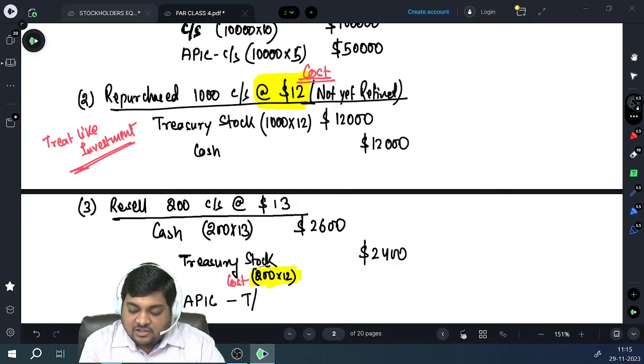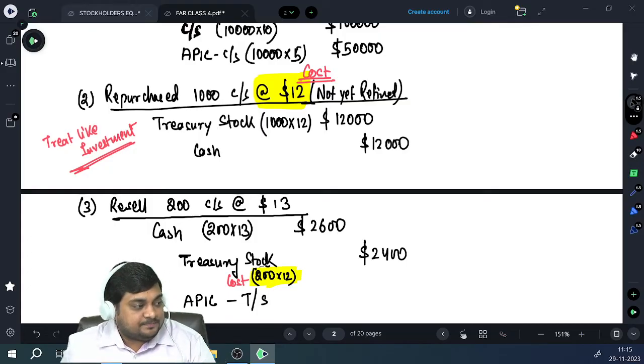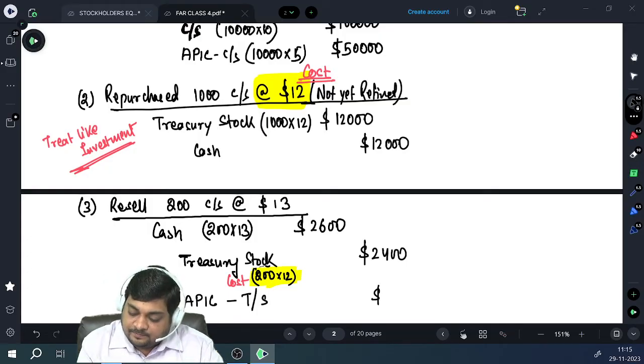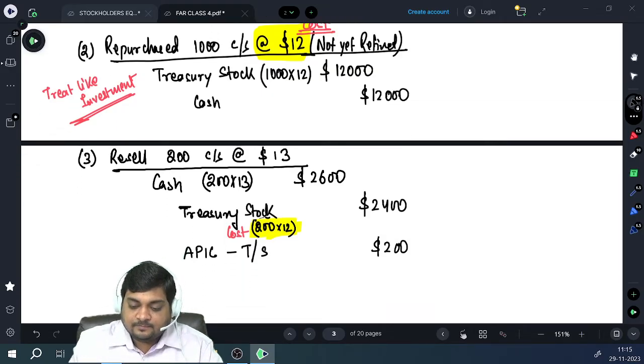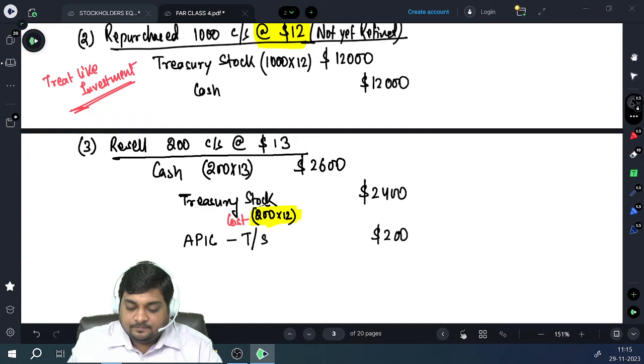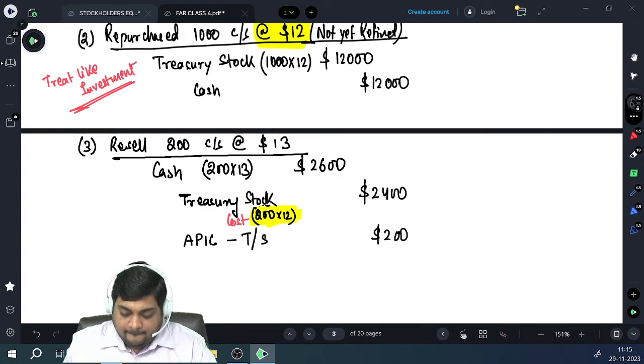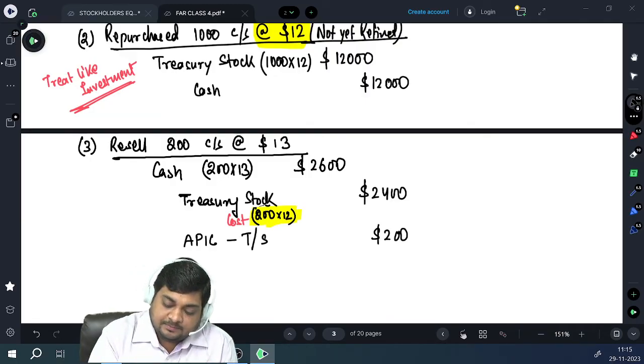So it is additional paid in capital, treasury stock.